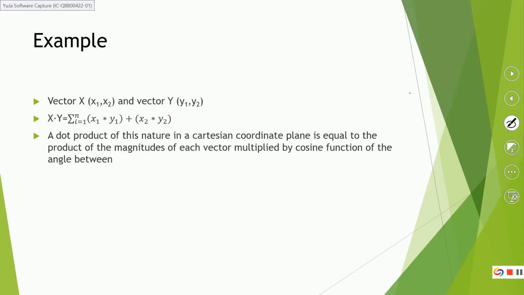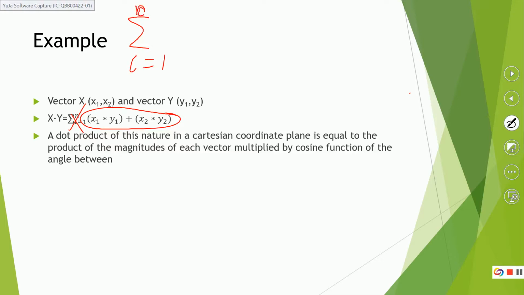Okay, so a little correction. If you're using this notation, then you do not need the sum. If you're using sum, then you do not need to explicitly mention i equals from 1 to n.